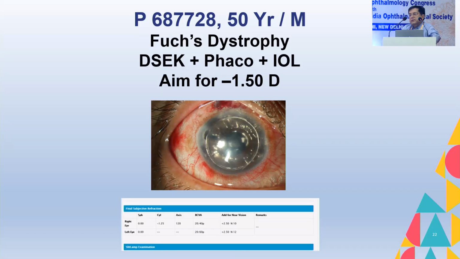You do the cataract surgery and aim for a minus 1.5 refractive error, because your DSEK will cause a hyperopia of about plus 1.5. So you keep that into account. Your target is about minus 1.5 when you are doing the cataract surgery in a patient who has Fuchs, where you would do either a combined surgery or a cataract surgery followed later by DSEK. So this is the simple calculation for DSEK.